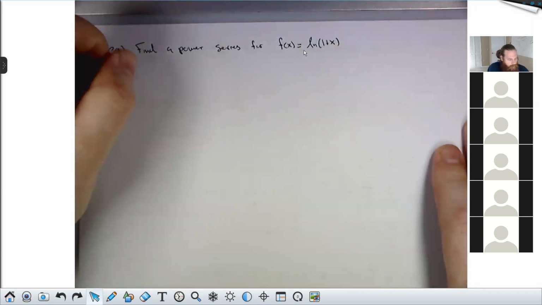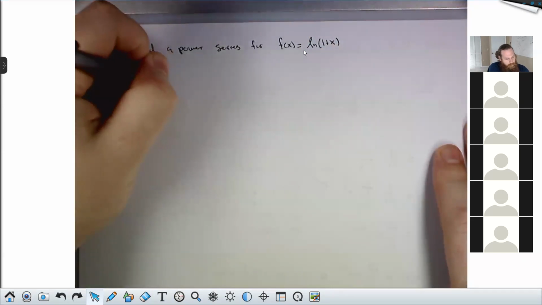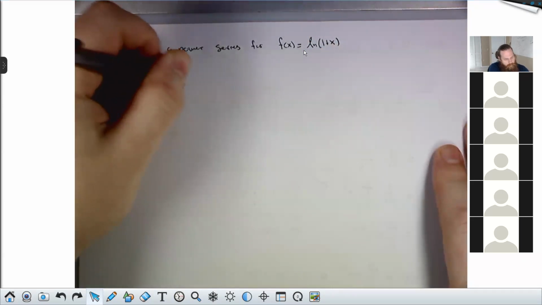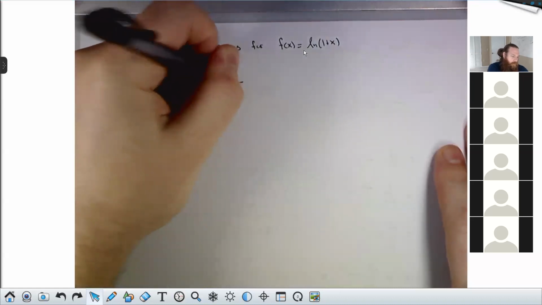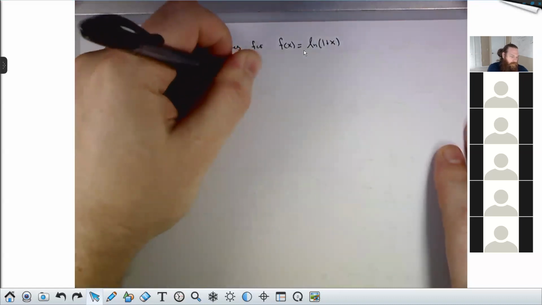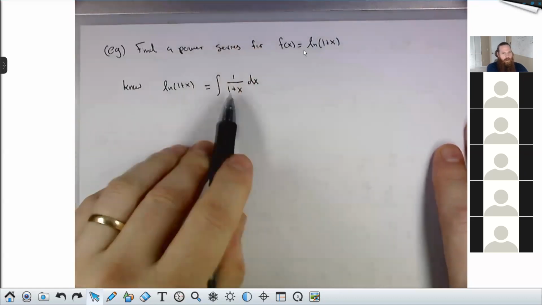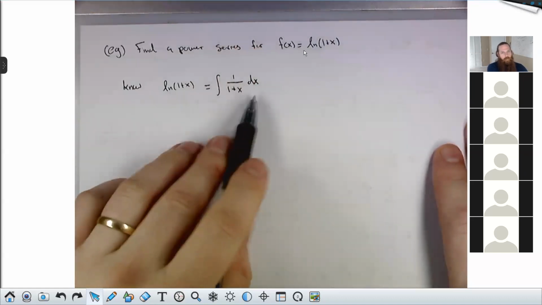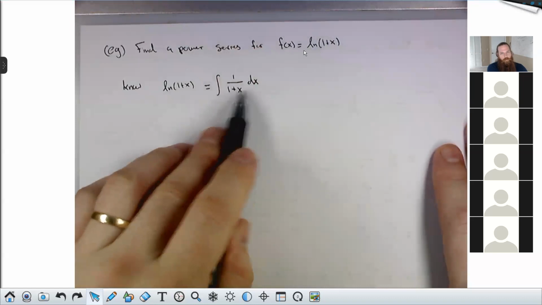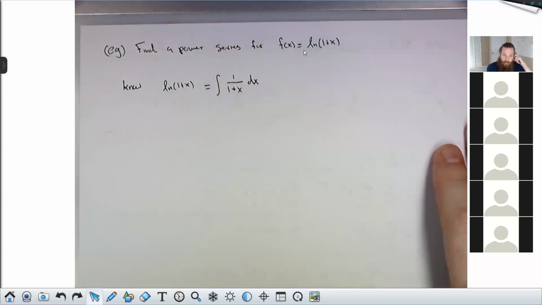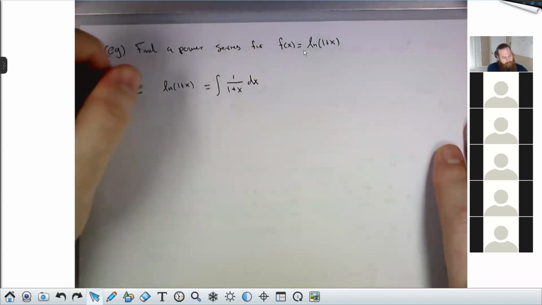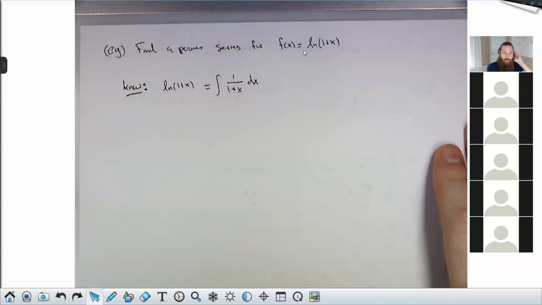I know that the natural log of 1 plus x is the integral of 1 over 1 plus x. All right, it's a tiny little u sub. You u sub for 1 plus x, you get integral 1 over u du. That is natural log u, which is natural log 1 plus x. So this is my jumping off point. There's a plus c, but we'll slap that on later.